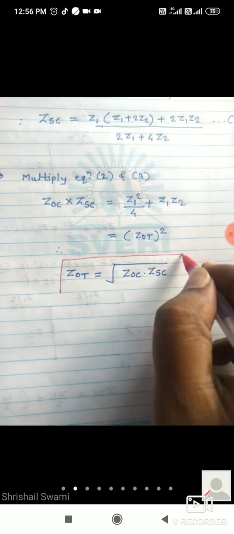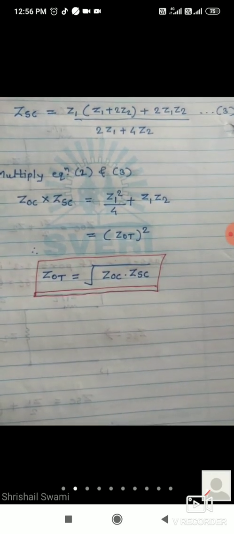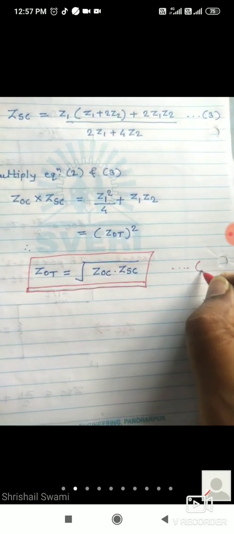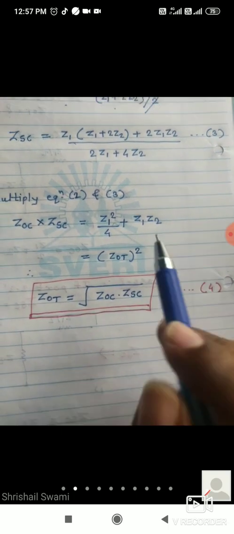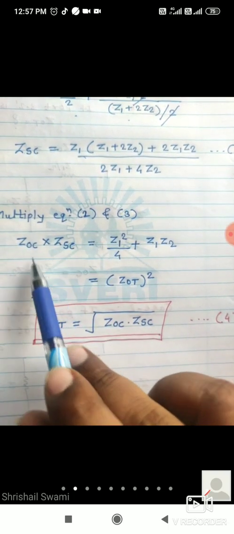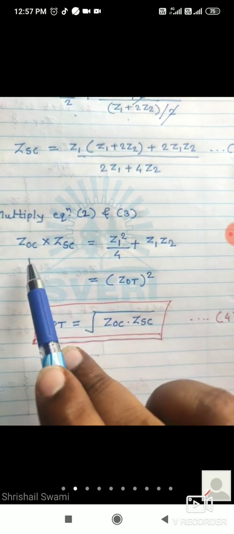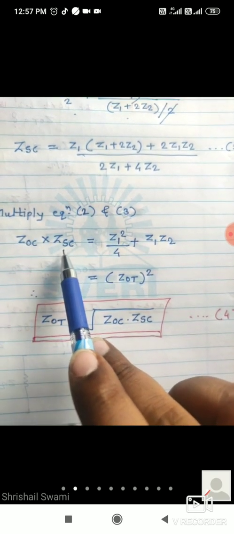So this is a very important equation we are required for solving the problems, or in the MCQ also they can ask ZOT is equal to. Okay, so this will be equation number 4. So you can take the multiplication as homework. ZOC into ZSC you can multiply.